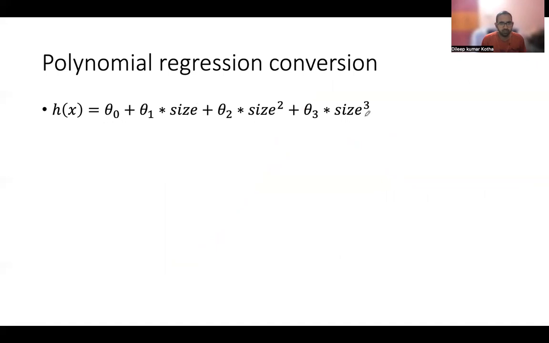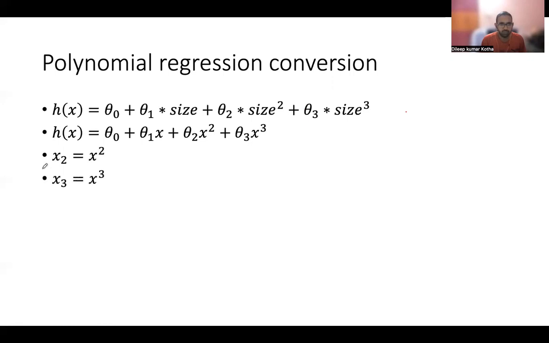So given our hypothesis like this, what we can do is we can put size as x, and size cube will become x square, x cube. Now we can put x square as another variable x2, x cube as another variable x3, and now our hypothesis looks just like a normal linear equation which can be solved using linear regression.